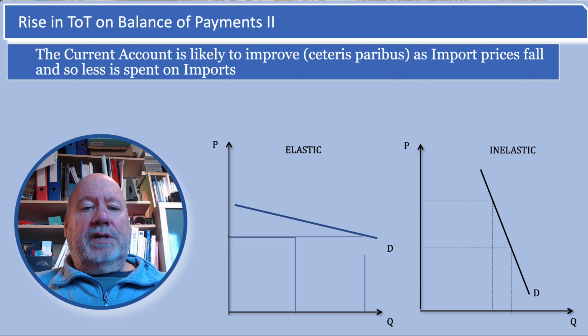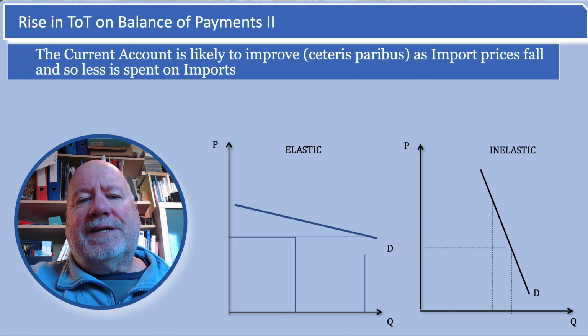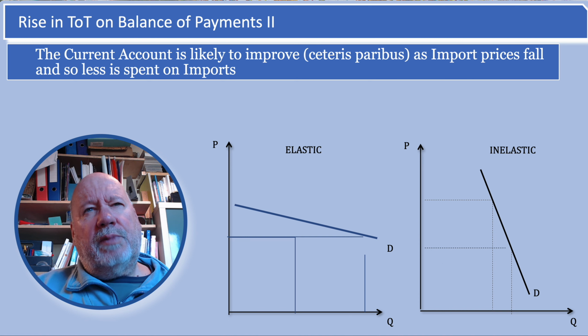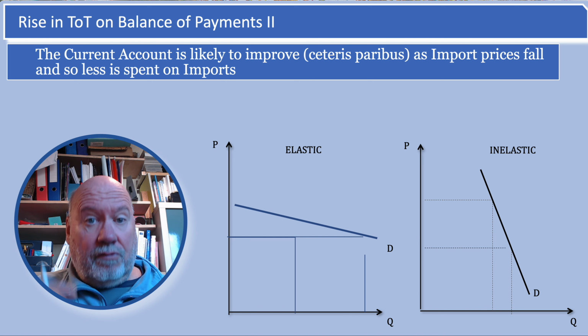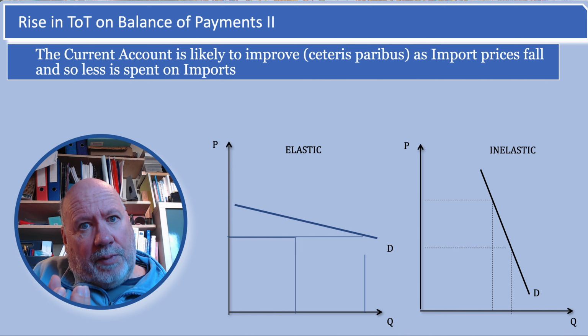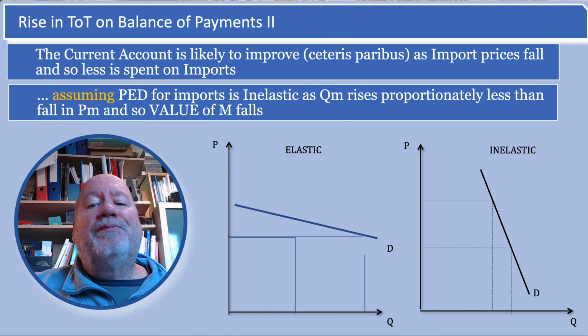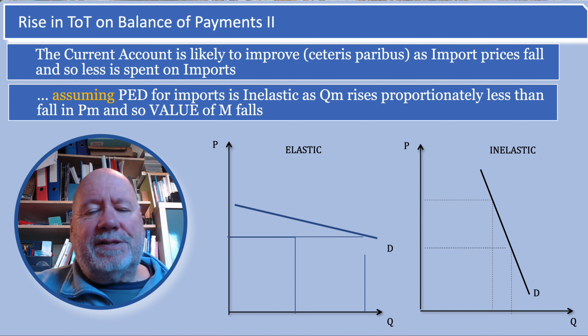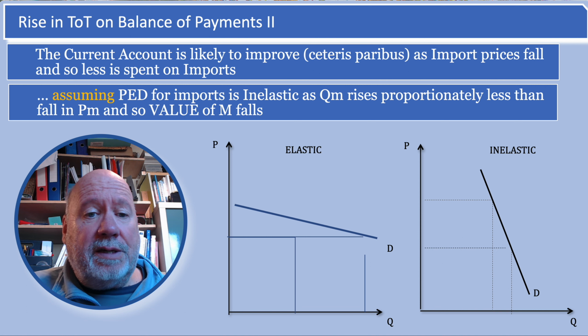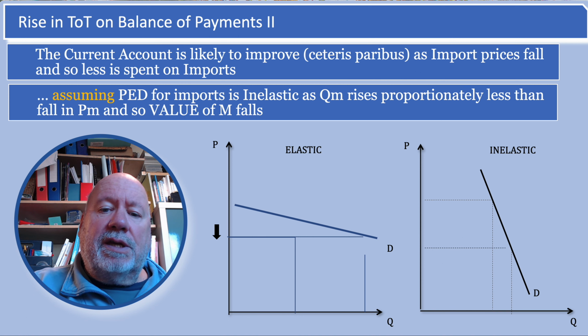Take the import side. It says again, the current account is going to improve as the import prices fall. So remember, the terms of trade ratio could rise because the lower part has gone down, and so less is spent on imports. But again, it's to do with the elasticity of the PED. So take this one here.